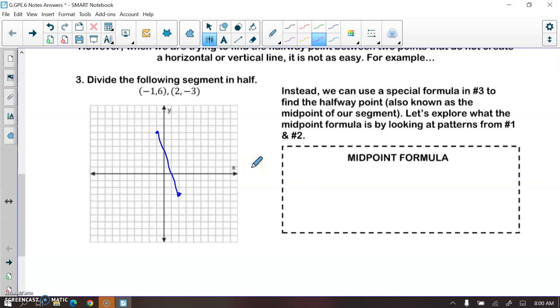So your midpoint formula, we use capital M to represent midpoint, is x1 plus x2, your x values added together divided by 2, which gives you the x coordinate of your midpoint, and then y1 plus y2 divided by 2 gives you the y value of your midpoint.